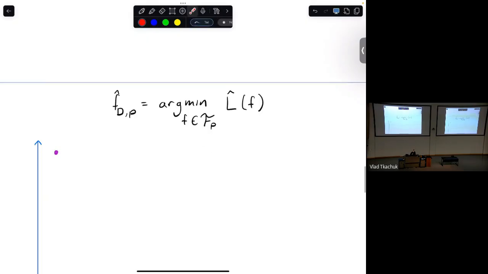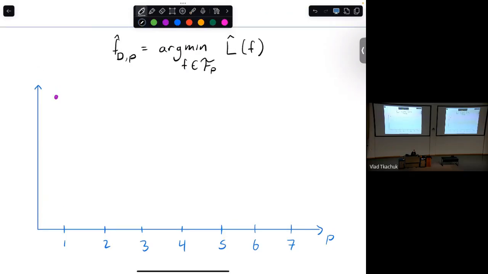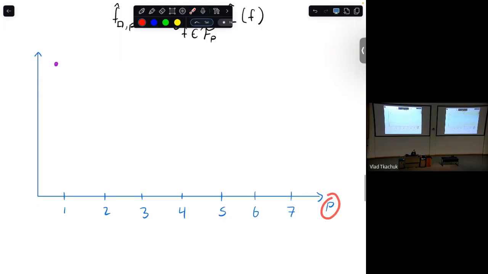Okay, so let's first of all understand what this f hat function is. If you change p, you really rerun the algorithm, but with a totally different function class, bigger or smaller, depending on if you made p bigger or smaller. And what we're plotting here is the corresponding empirical risk we get when running for that corresponding p. So I'm going to plot these points.